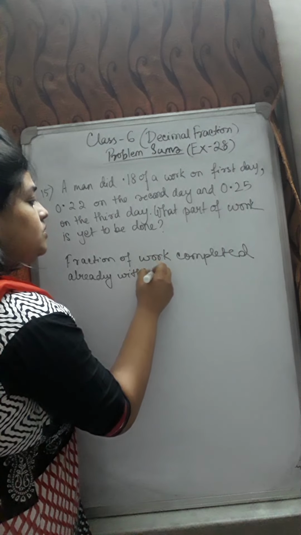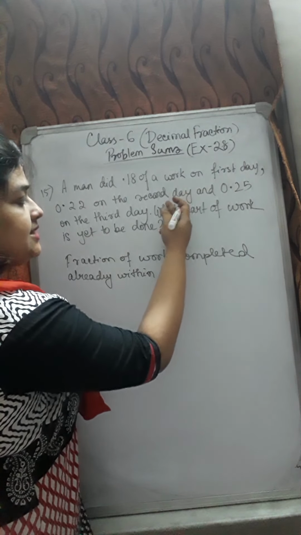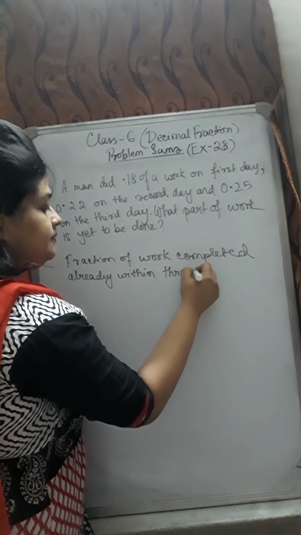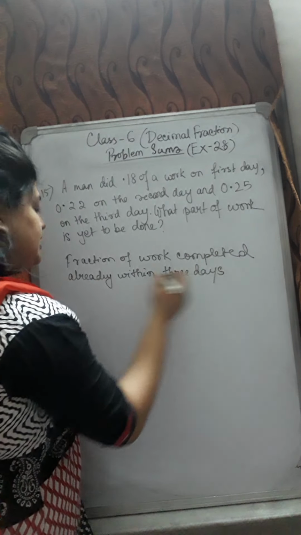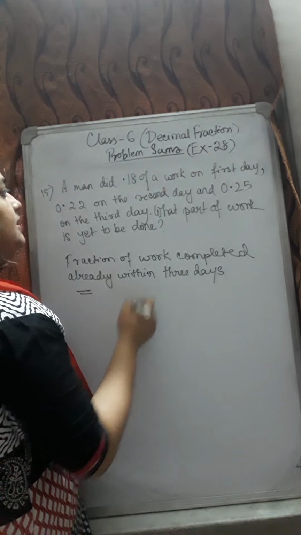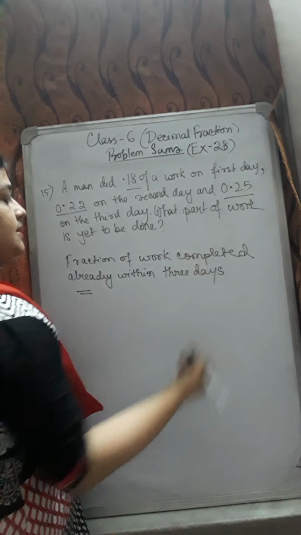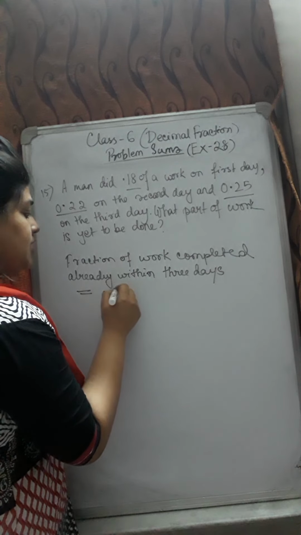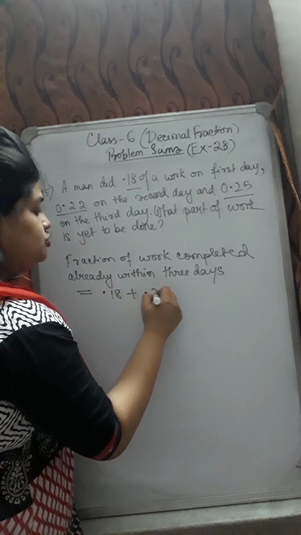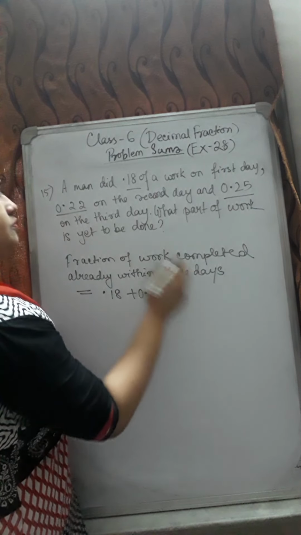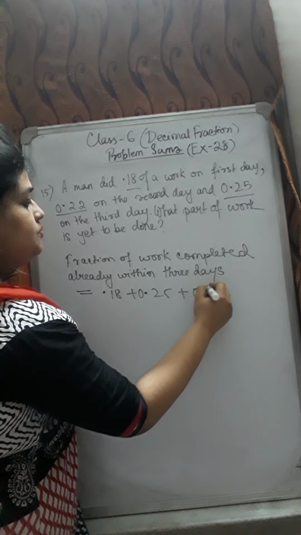He has already worked for the first 3 days. That will be equal to the sum of the different portions of work he has completed: 0.18 plus 0.25 plus 0.22.